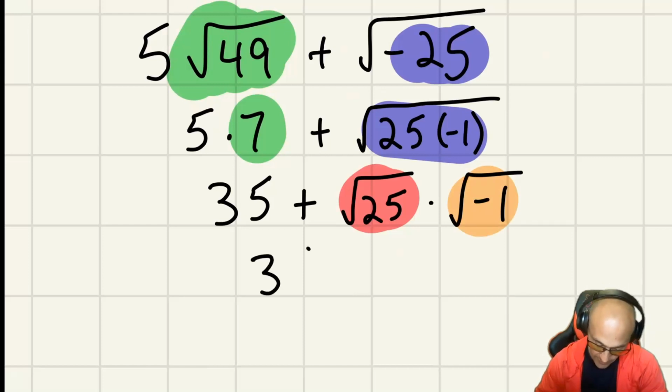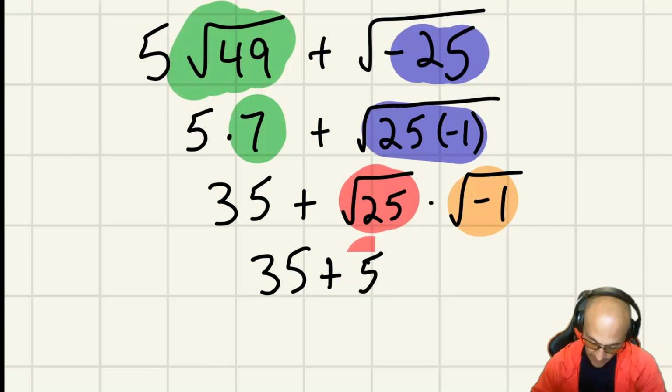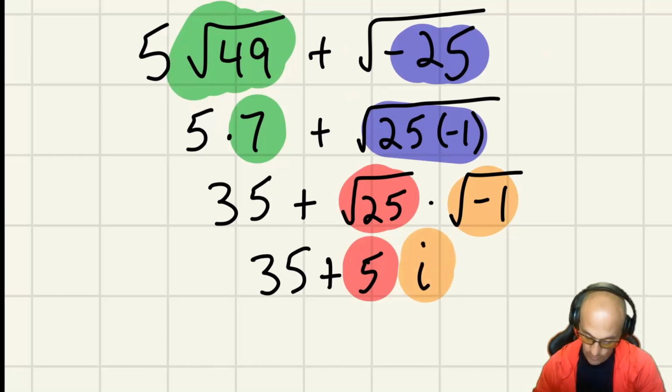So we have the 35 plus, and then the square root of 25. That is 5, as I said. So make sure that I got that from the square root of 25. And then the square root of -1, that is just i. So that's where that came from. And so that is our answer: 35 plus 5i.